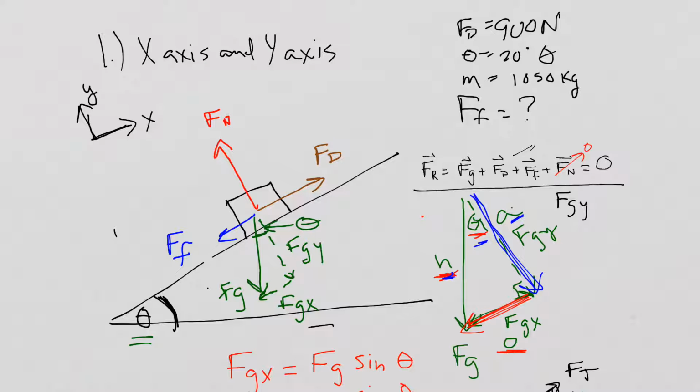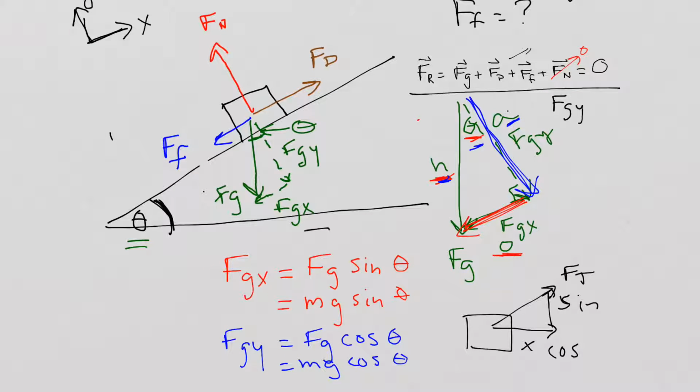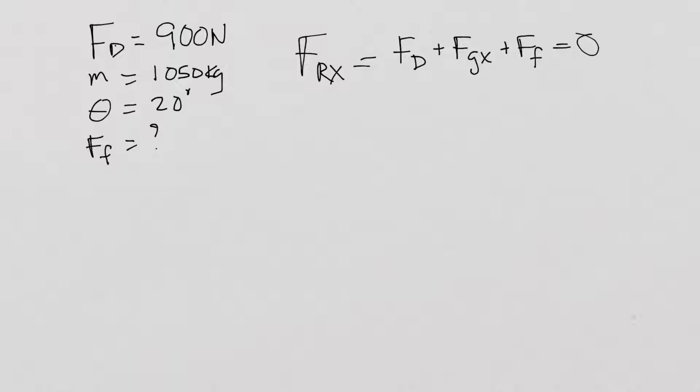Now, can I calculate my FGX? If I go back to the first page, I know that because of the incline, I'm going to have to use sine instead of cos to get my x component. So here, 0 is going to be equal to FD, it's also going to be plus FGX plus FF.